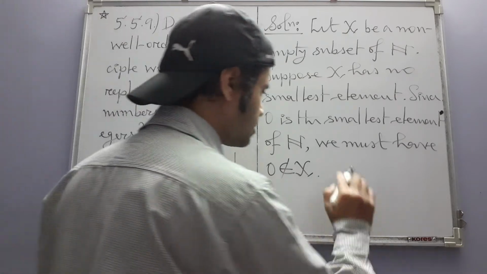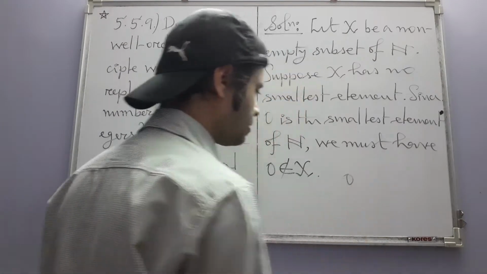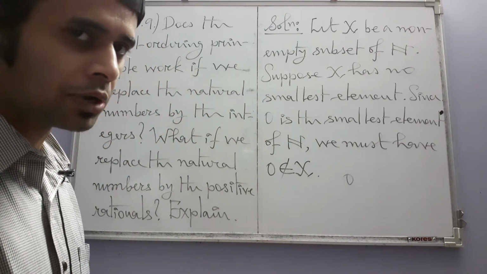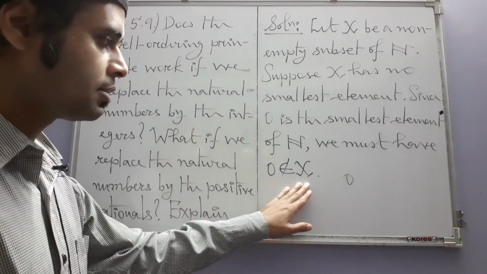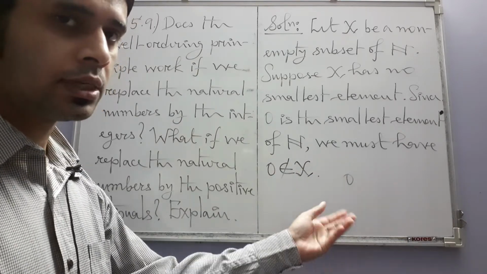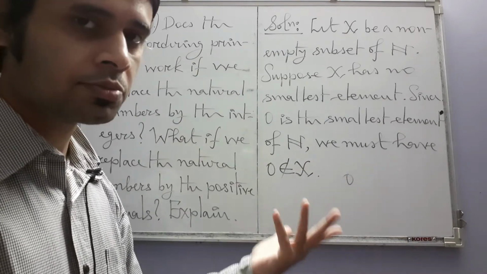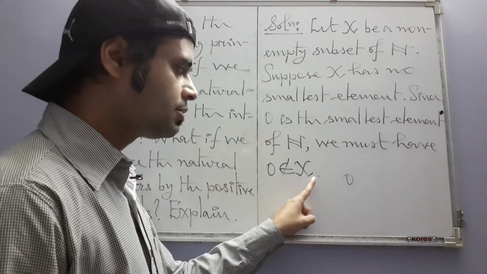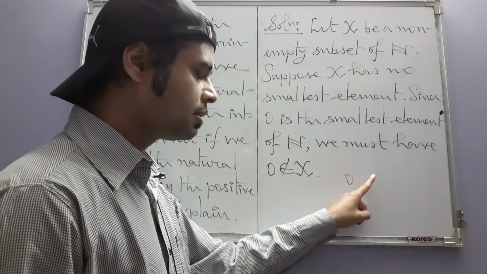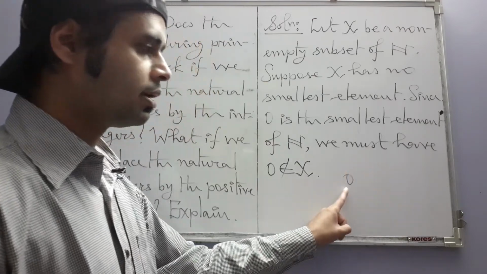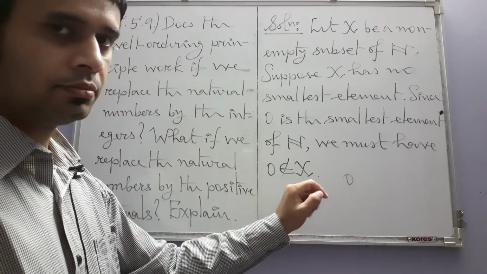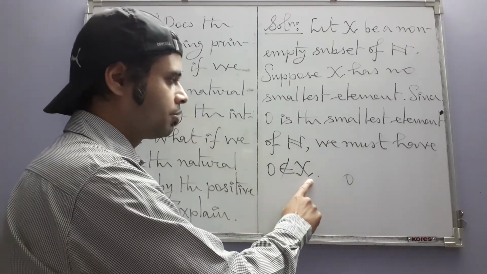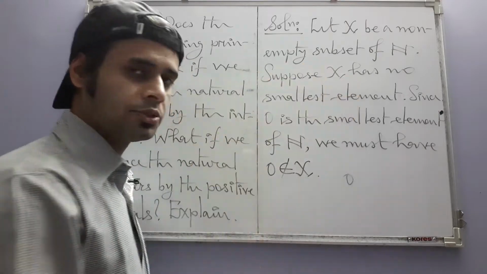That's clear, because if 0 is there in X, then 0 is bound to be the smallest element of X. Why? Because if X has nothing other than 0, then of course it's trivially the smallest element, because it's the only element. But if you have something else in X, then that something is strictly greater than 0. Then also 0 is the smallest element. So that is why 0 cannot belong to X due to this supposition.